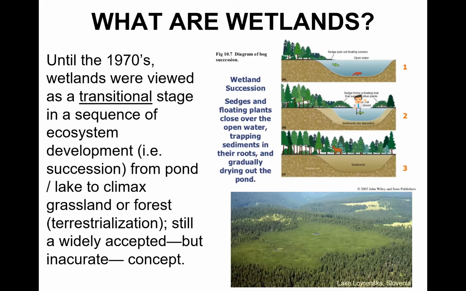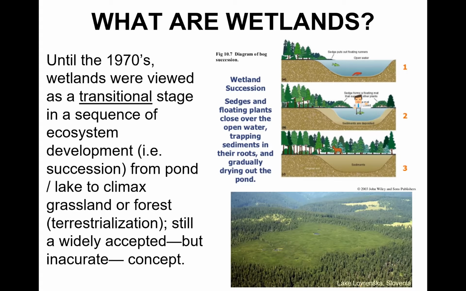So until about the 1970s, there was a widespread misconception about what wetlands are. In fact, that misconception was deeply rooted in people's brains and still persists. I, as an instructor, encounter this perception frequently among my students and among people that listen to my talks. The concept is referred to as terrestrialization.